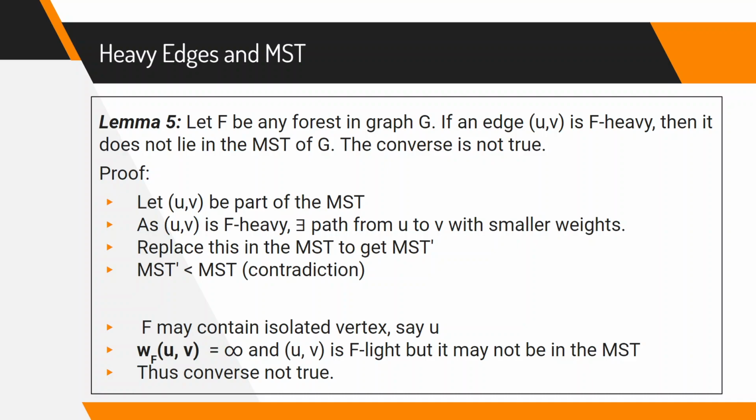In short, if we are given a forest and it is isolated, then how can we infer that that edge will be in the MST? There's nothing to back that proof that it could lie in the MST, and hence it is not true.